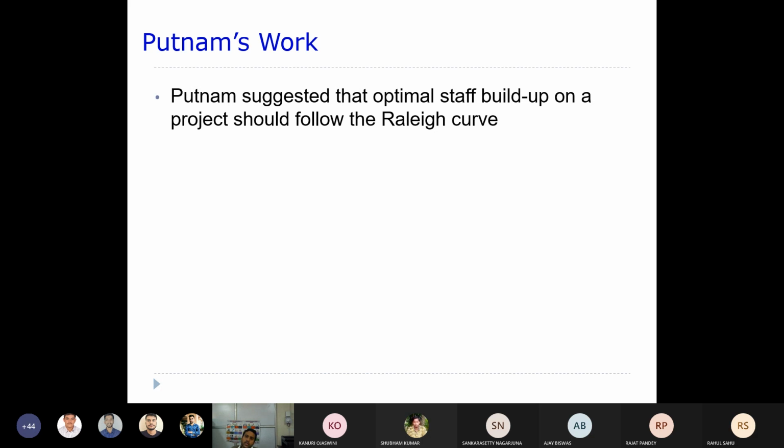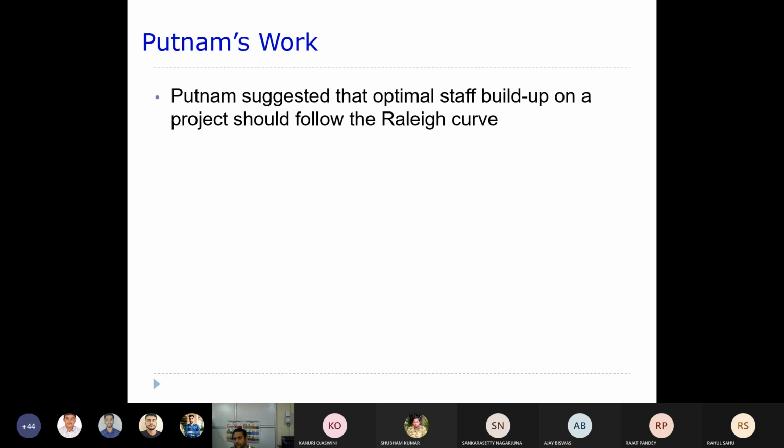That means initially you will be recruiting few people, and slowly you keep increasing the staff. At some point of time you will reach the peak, and thereafter there should be a fall in the number of staff. This is what a Rayleigh curve says, so you should also follow it. That would probably be the optimal staff build-up.